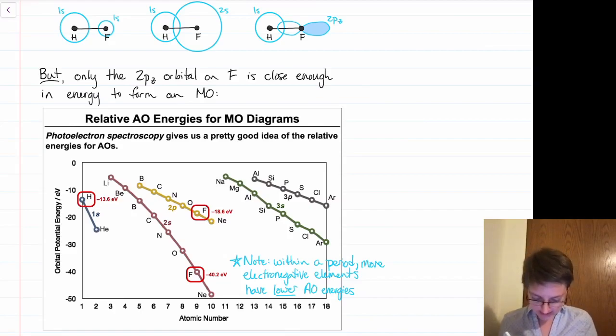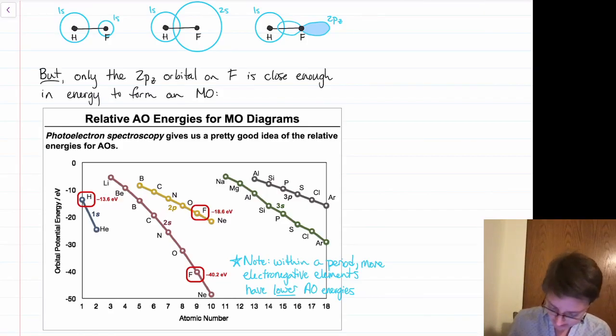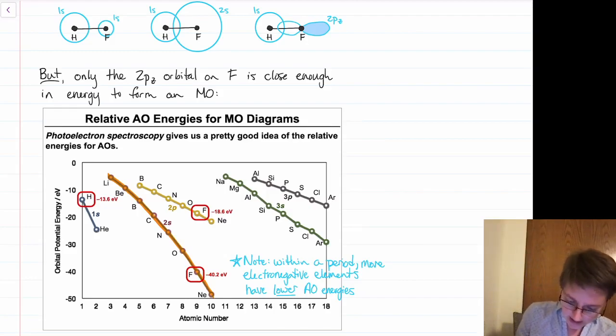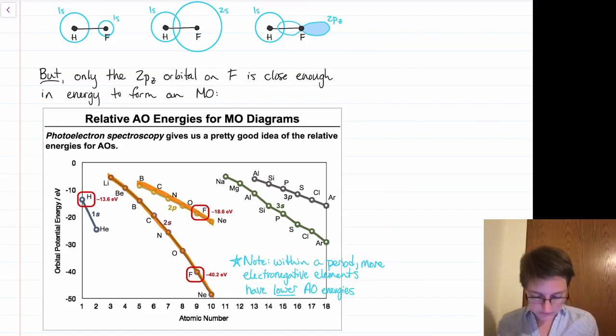But you can see that fluorine's 2s orbital is negative 40 eV in energy, eV being yet another unit system for our energies. And then our 2p orbitals are shown, and fluorine's AO energy for the 2p set of orbitals is negative 18.6 eV.